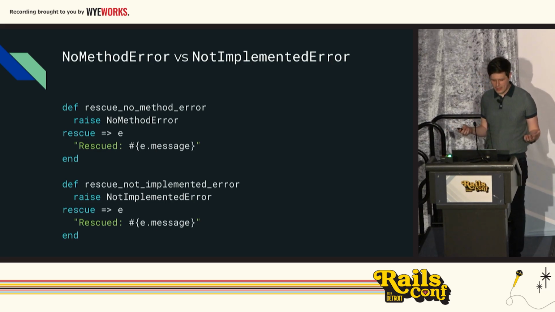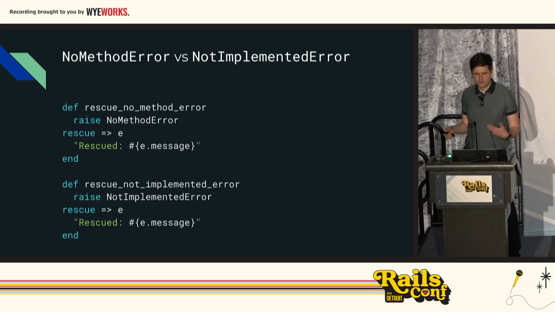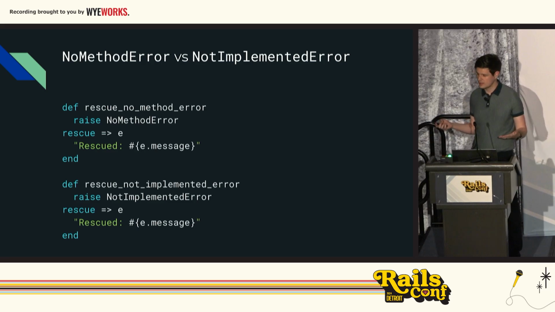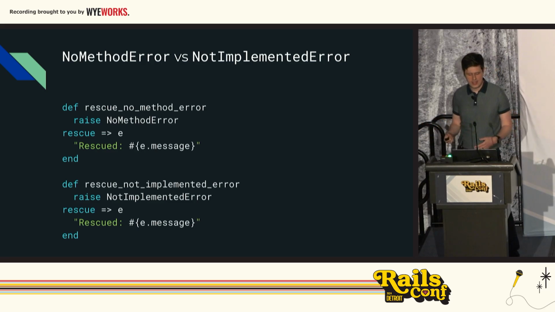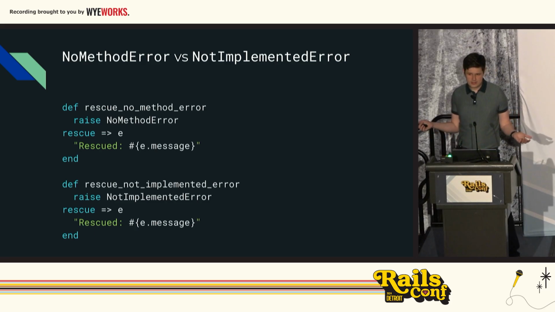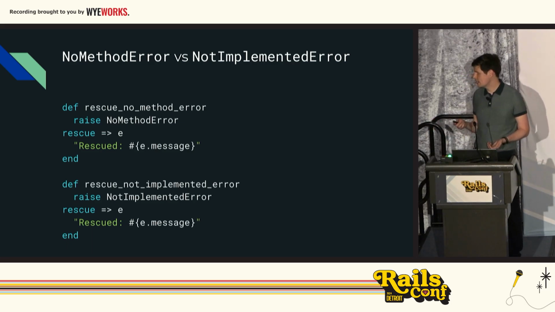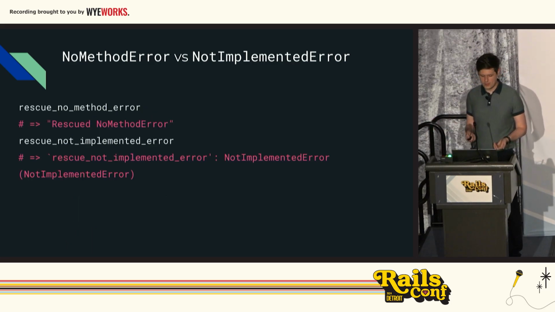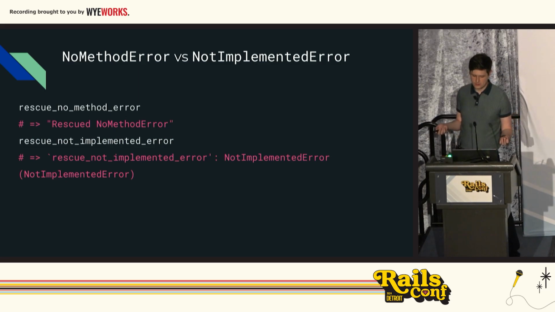Now, if we have just some very simple methods that just raise our different errors, NoMethodError, NotImplementedError, and then have our good old bare rescue, we would expect, in most cases, that we would get the string in our rescue statement from these two methods. And when we call the NoMethodError method, we do get that string.